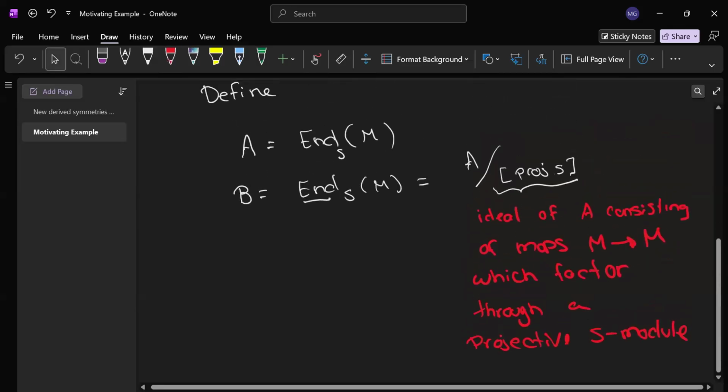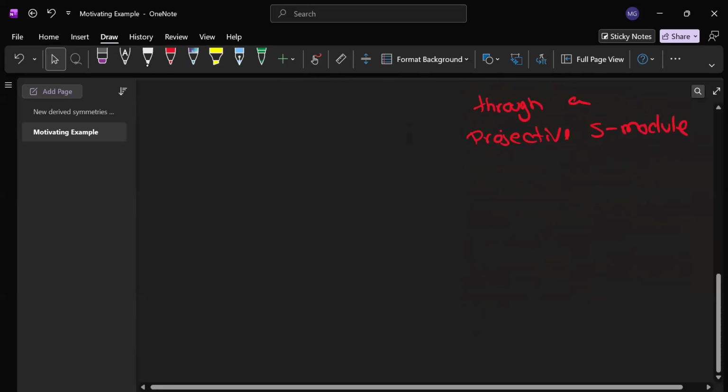Okay, so we're interested in looking at these two algebras, and actually we can present them as quivers.